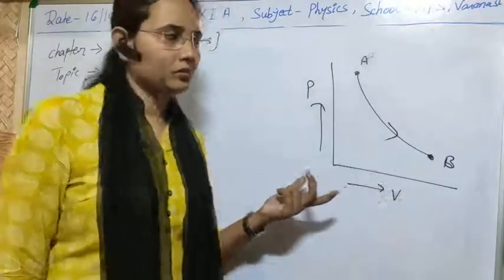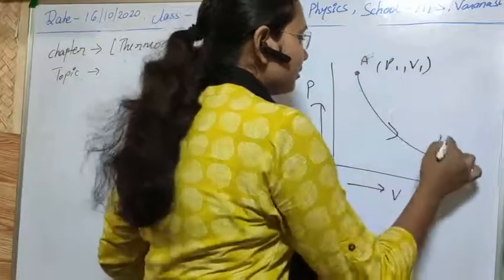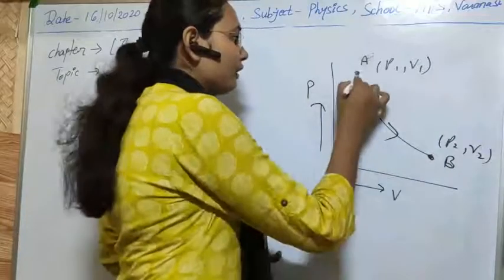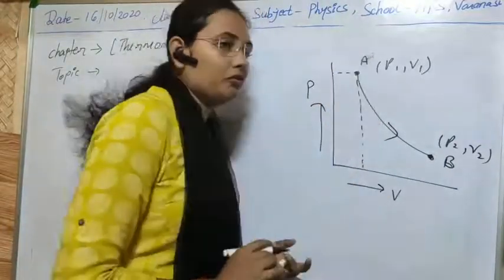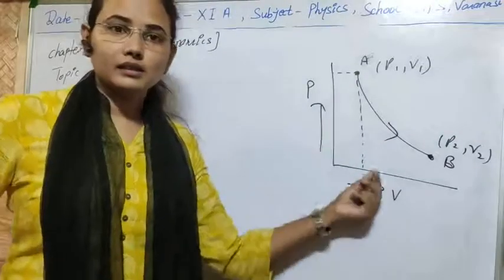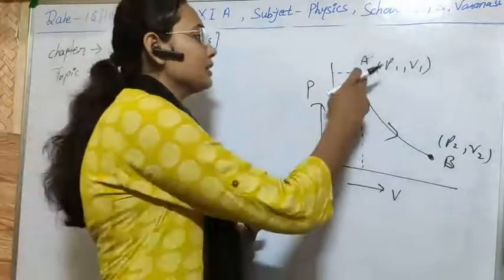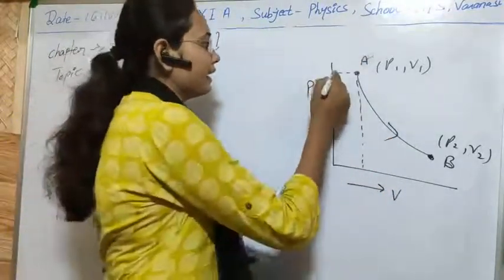This can be isothermal or adiabatic. Here the pressure and volume are P1 V1, here P2 V2, and we want to calculate the work done in this process, expanding the gas or changing the state from A to B, with the help of this indicator diagram.